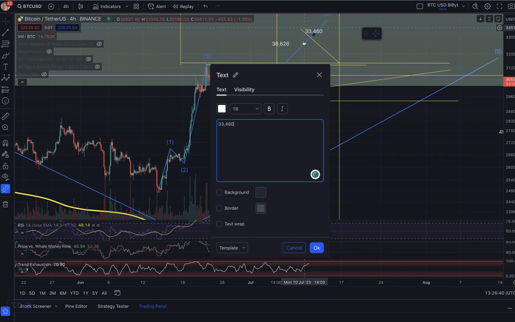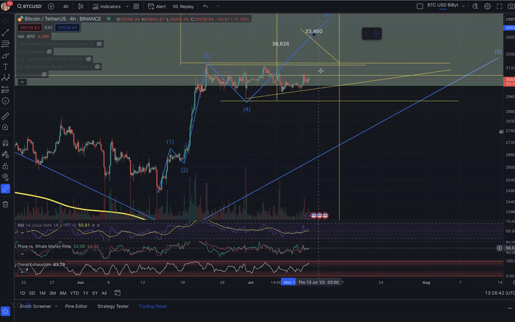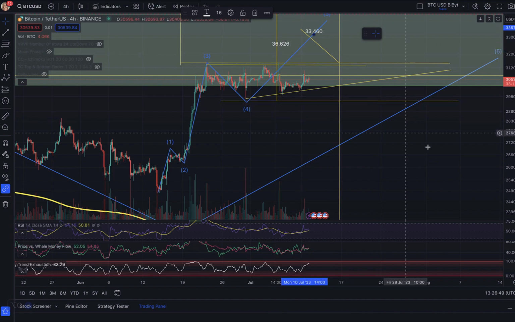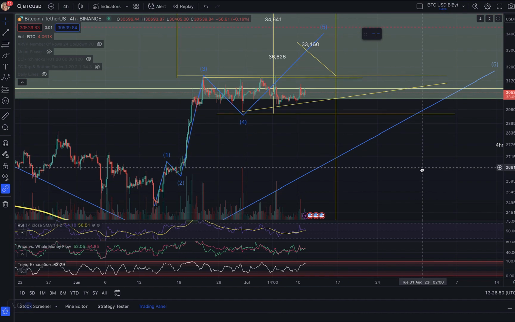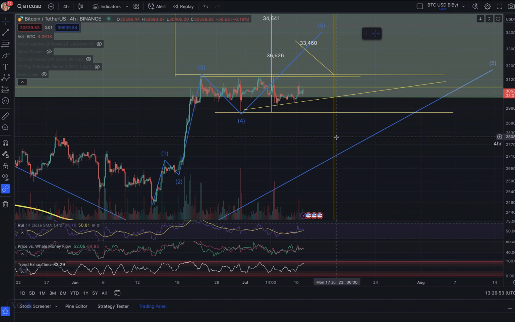So 33,460, I'll call it. If we go above that, that could be the end of wave 3 inside of the micro count of this 5th wave. So we've got the micro count of this 5th wave. See how we're starting to look like pickup sticks?